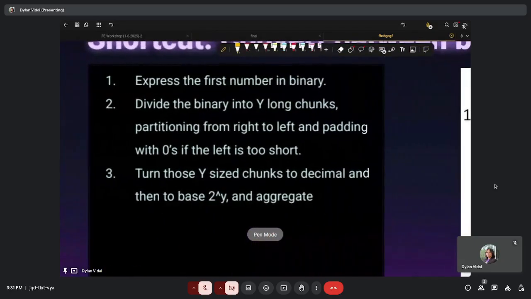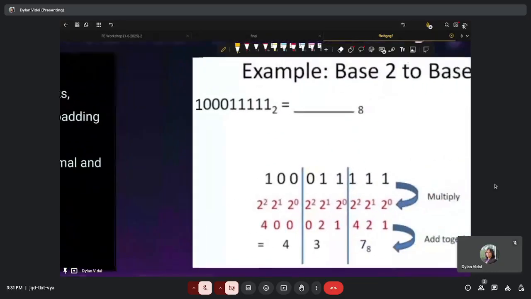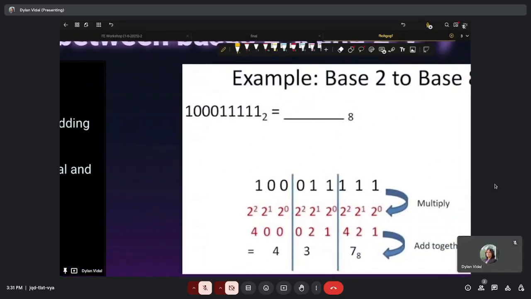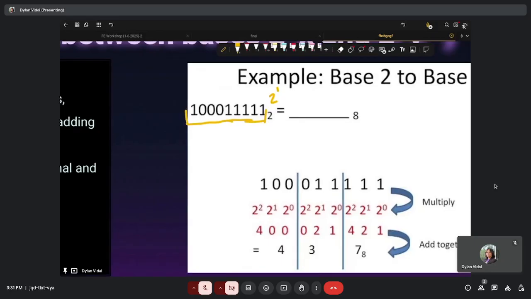So essentially, in this case, it's already in binary for us, right? And so this is 2 to the 1. For base 8, we can say that base 8 is 2 to the what? 3.